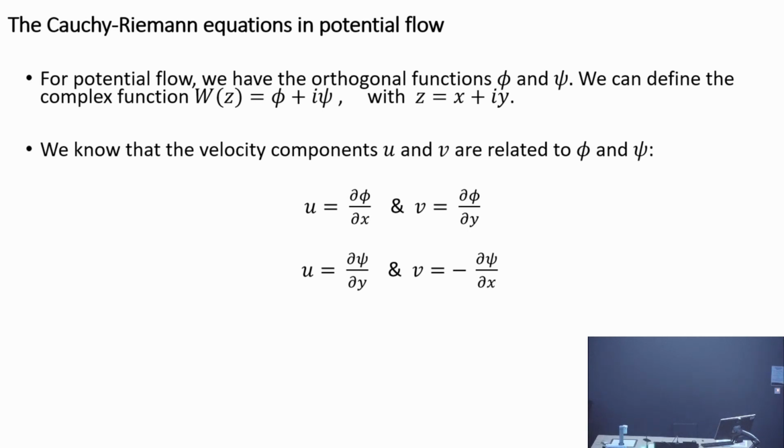So you jumped. Okay, but keep it simple. u is equal to that and u is equal to that. So d phi/dx is equal to that, and d phi/dy is equal to minus d psi/dx. So you're right, which are actually the Cauchy-Riemann equations. So by inspection, you can say that.